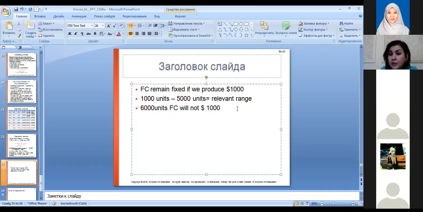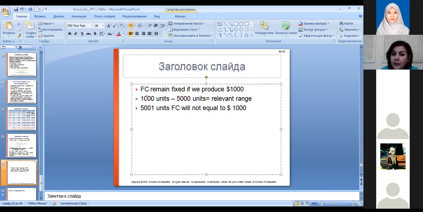To make it more precise, from 5,001 units, fixed cost will not equal 1,000.